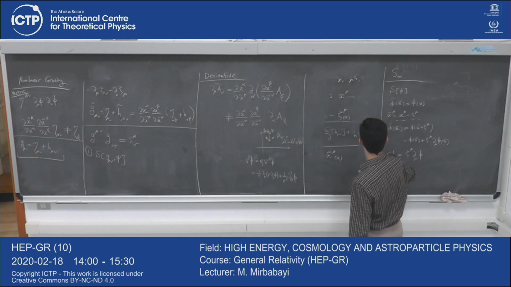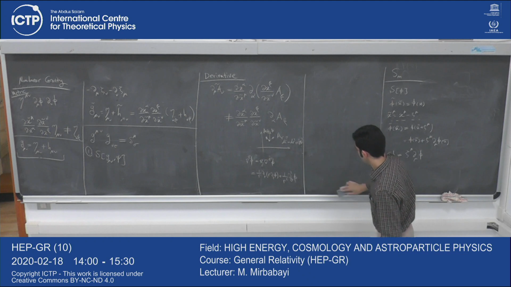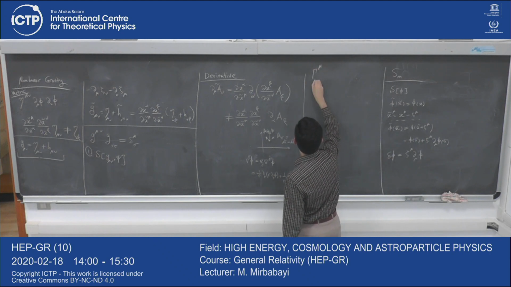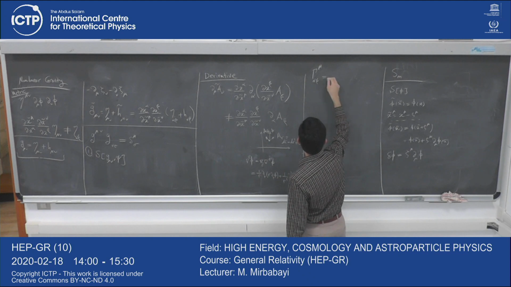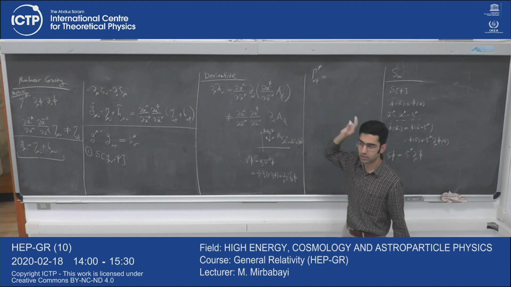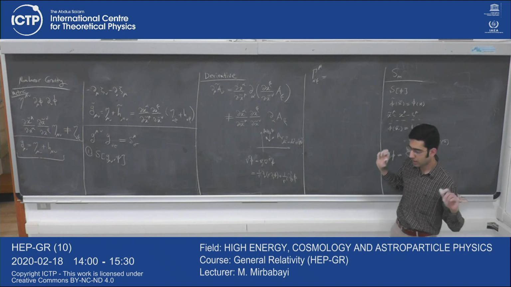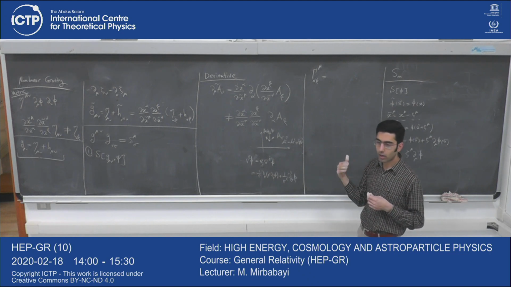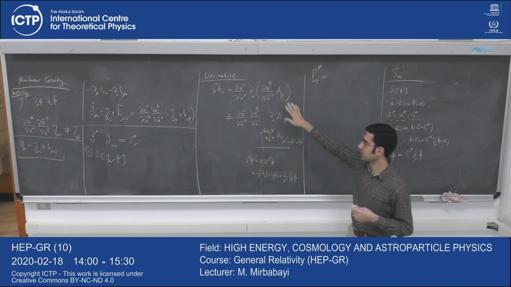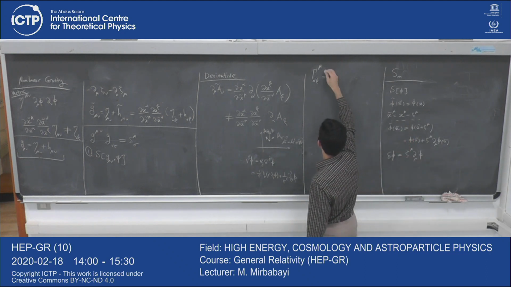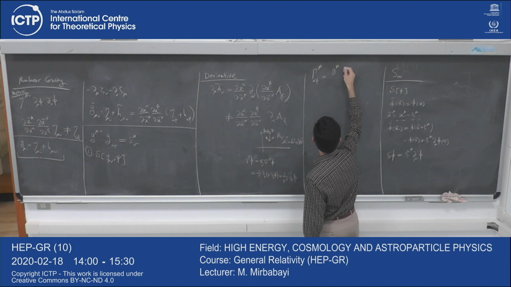There is a general prescription, which is to construct the following object: gamma mu alpha beta, which is called the Christoffel symbol, and this object by itself is not a tensor. It has 3 indices, but it's not a tensor. But its non-invariance, or this mismatch from being a tensor, is exactly such that when we combine it with ordinary derivatives in the right way, it allows us to construct a tensor. So this gamma mu alpha beta is something constructed out of derivatives of the metric in the following way.